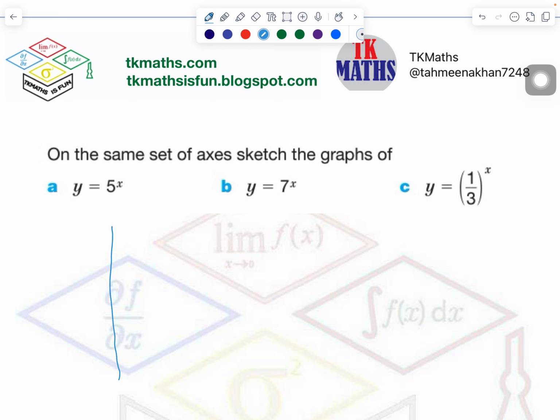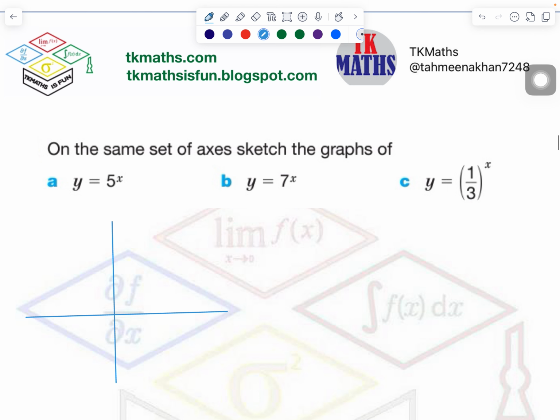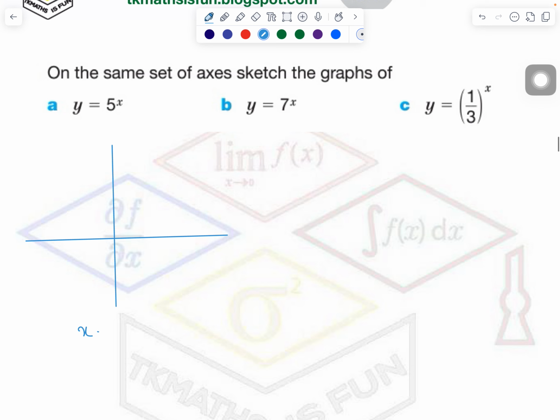First of all, y equals 5 power x. Now this is an exponential function. I know it will intercept the y-axis. So for the y-axis, I will put x equals 0, because on the y-axis, the x coordinate is 0. So if I see 5 power 0, it is 1. So this graph will pass through 1.